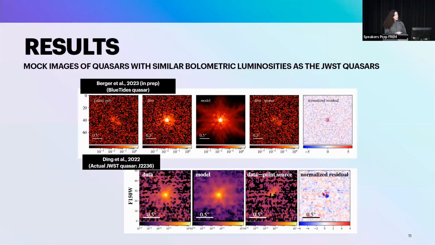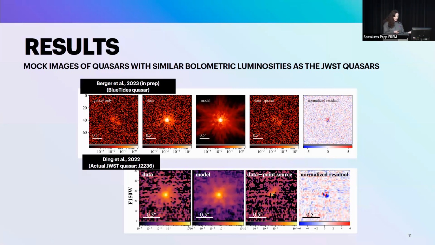So we've done this with a bunch of quasars that have similar bolometric luminosities to the JWST quasars that were observed. And so we're in a really nice place because we can actually image the galaxies in BlueTides without the point source and compare them. So we have an idealized version of what the point source subtraction should produce. These two images, to me, look pretty similar.